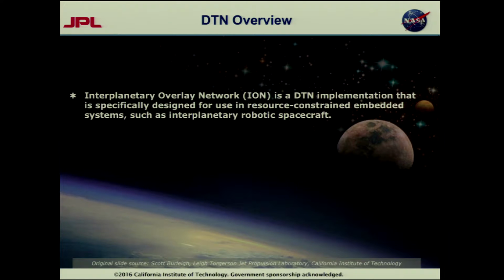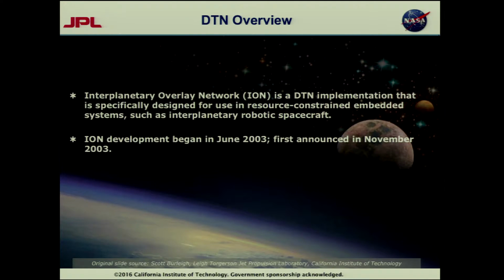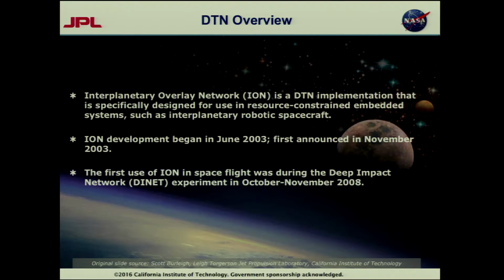So it's an implementation specifically tailored for space-based vehicles. ION development began in the early 2000s. There's a date here of June 2003. I tend to believe it started much earlier than that, but it started in the early 2000s. That's what I can remember.